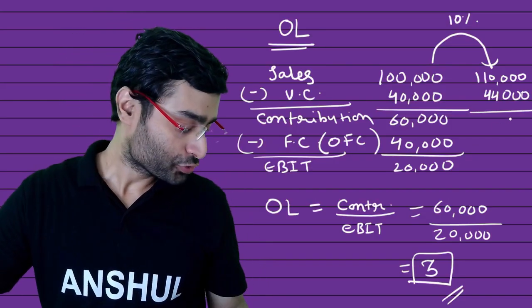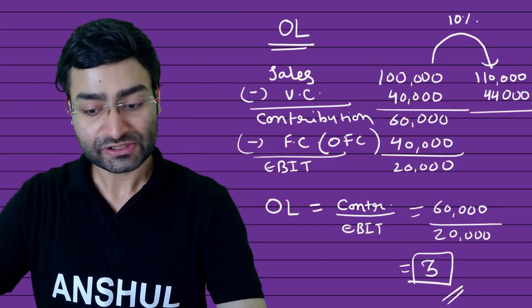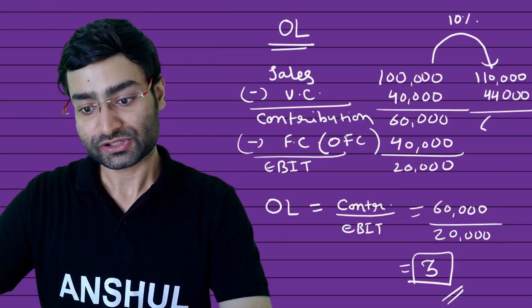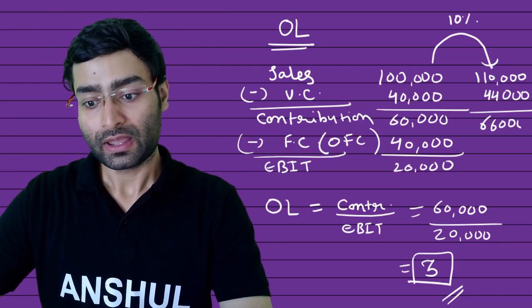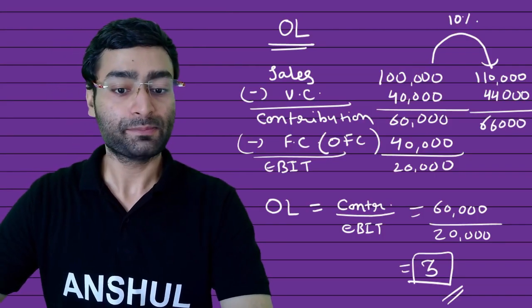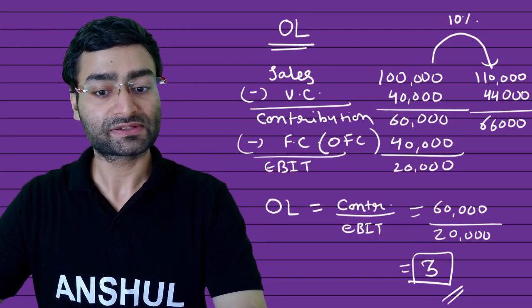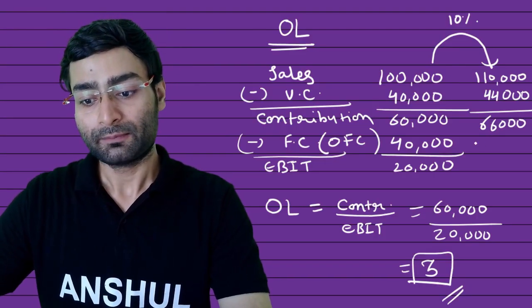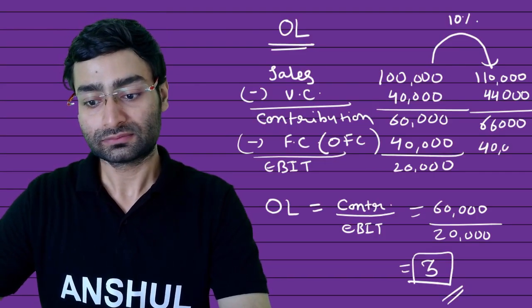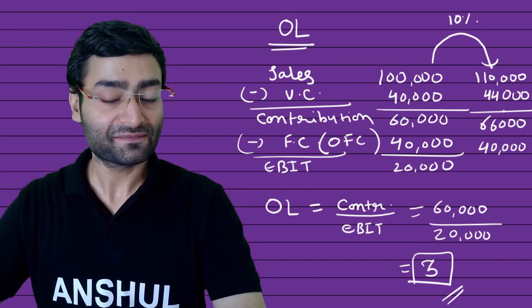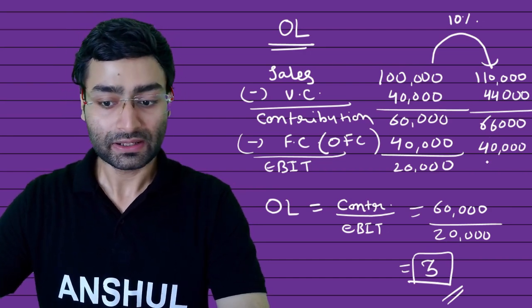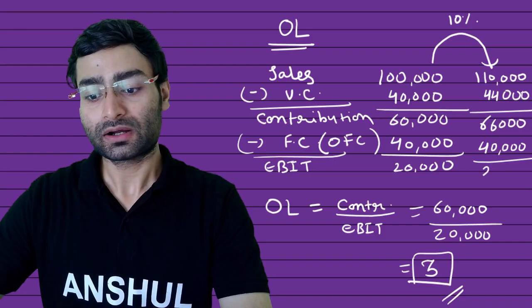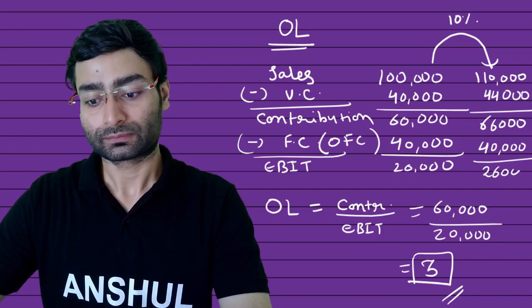Now your contribution comes to 66,000. And because fixed cost remains fixed irrespective of the sales or production level, my operating fixed cost is 40,000. Here your EBIT comes to 26,000.